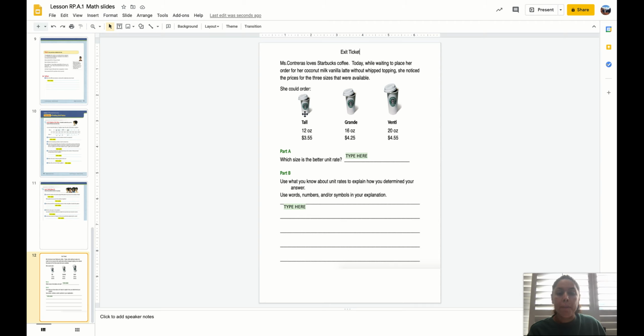So you want to figure out how much you're paying for each drink. I know automatically you see, well, I don't want to pay $4.55. But if you get more coffee for a better price, always go with that one. And then again, you'll talk about how you solved the problem and why you think it is a better buy.